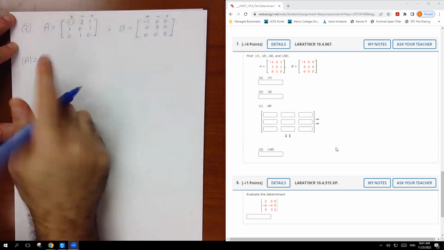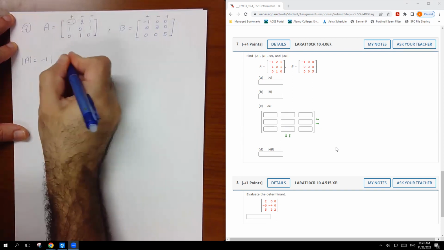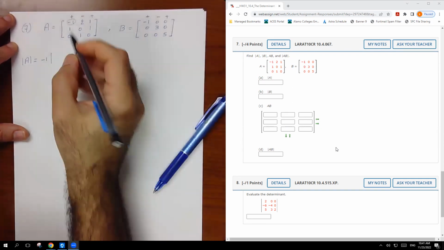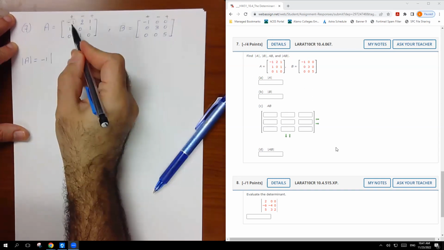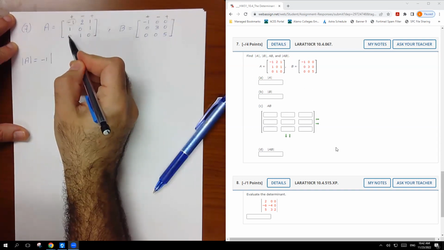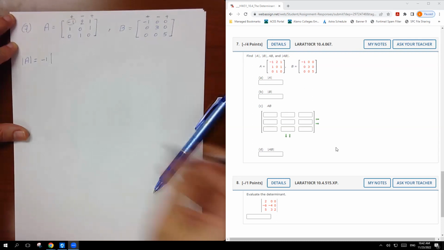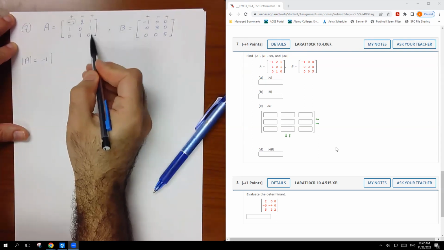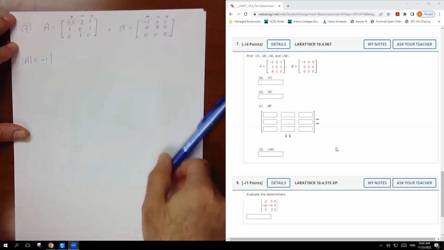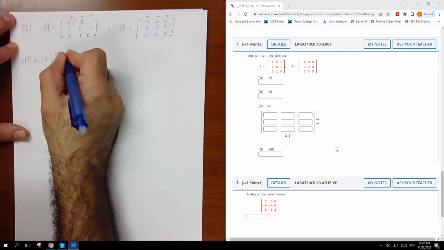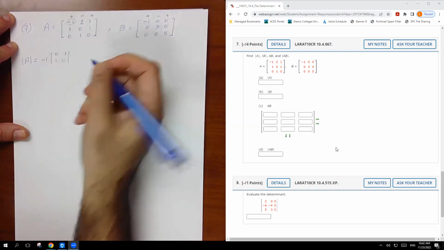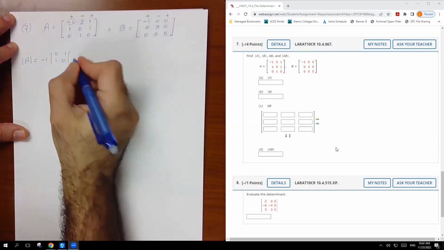And when I choose this number, I'm going to cancel this row and cancel this column. That means when I cancel this row and this column, the left is this matrix, which is 0, 1, 1, 0.